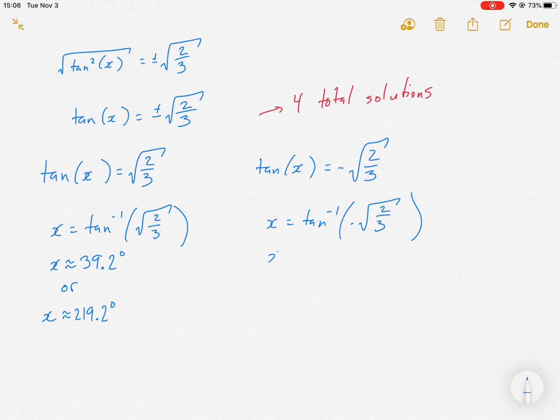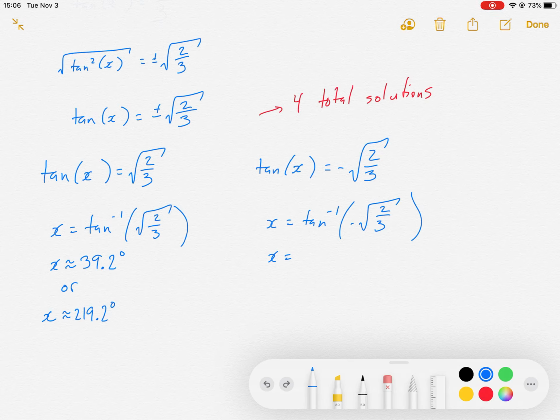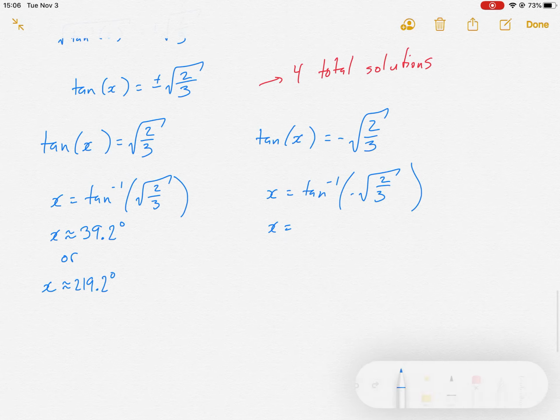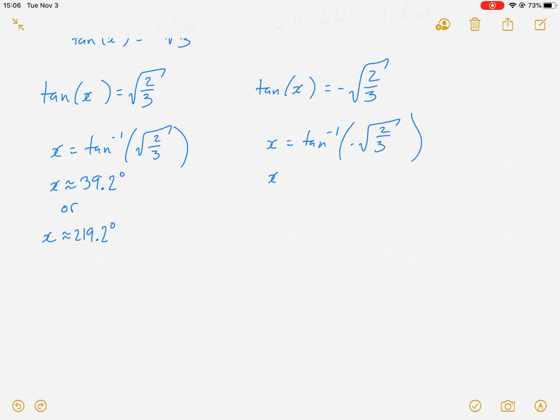So there's two solutions. Over here, I'm going to get tangent inverse of negative square root of 2 divided by 3, which is negative 39.2, and then we're also going to get 140.8.